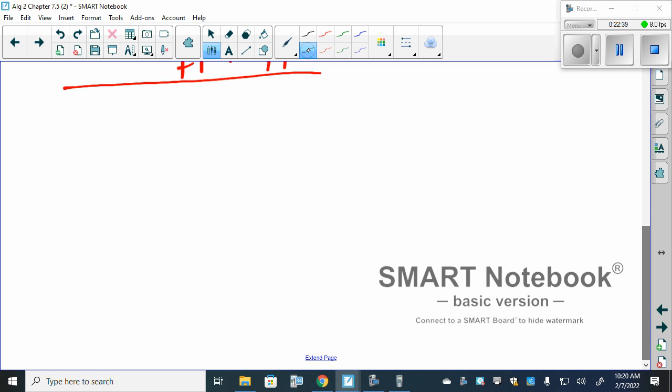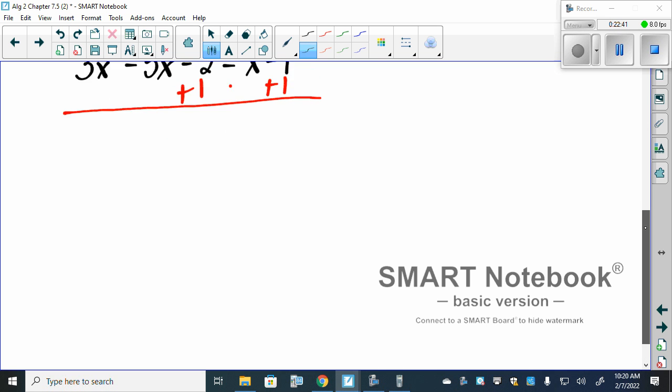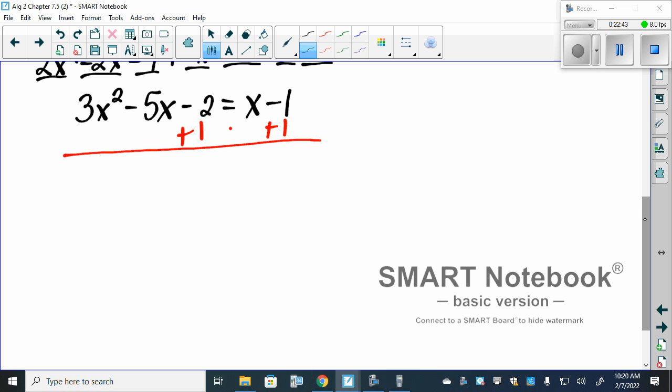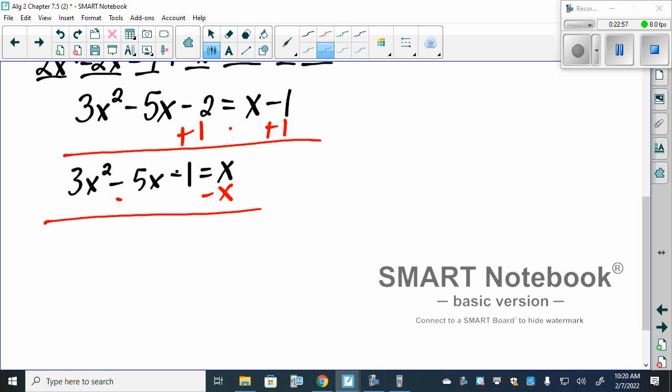Now if you wanted to do this in one step, you could, because you could subtract x and add 1 all at the same time. That's perfectly fine. I'm going to go on and do it in 2 steps. And if we do those there, we get 3x squared minus 6x minus 1 is equal to 0.